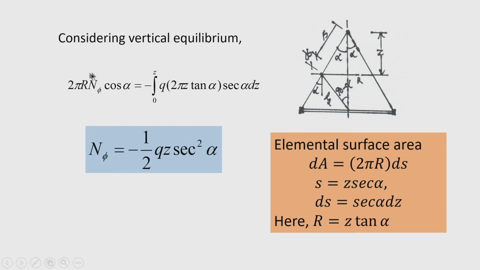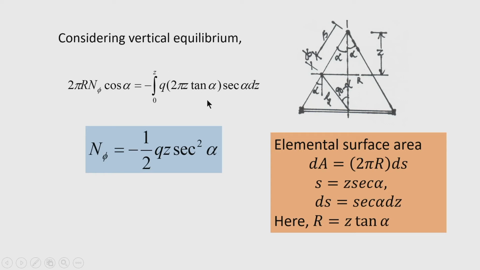Therefore, we get the total vertical component of n phi. Then it is equated to the vertical force above that level, q into surface area.